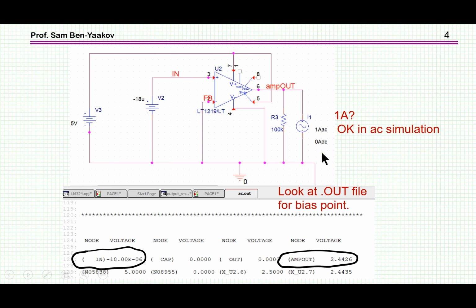And now I am injecting here 1 amp AC. This is going to be an AC analysis because I'd like to see the small signal, of course, as a function of frequency. Now, some might wonder how come I'm injecting 1 amp, and obviously this amplifier is not capable of either absorbing or outputting 1 amp.